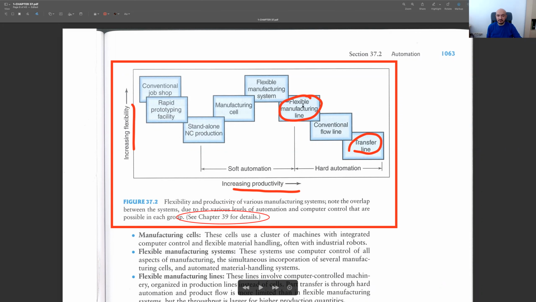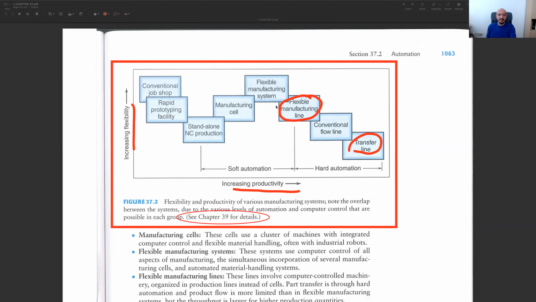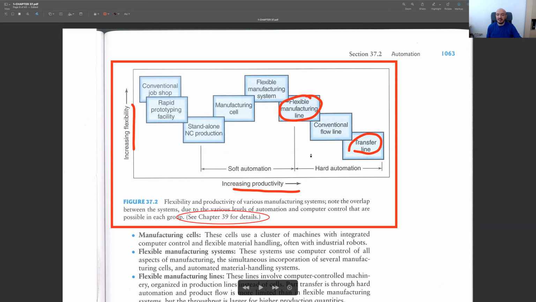I would like to focus on flexible manufacturing line. As you see, its productivity is again highest among the flexible systems, as well as its flexibility is also higher. If you look at it here, its flexibility is as high as rapid prototyping facilities, 3D printers, but still its productivity is high, but obviously a bit less than the transfer lines.